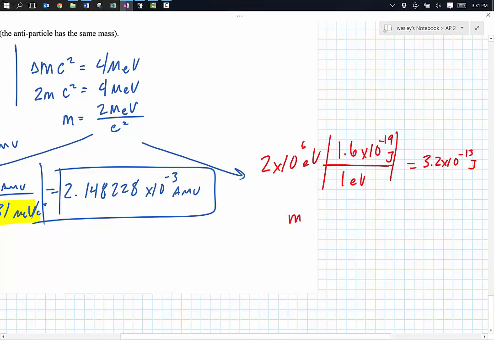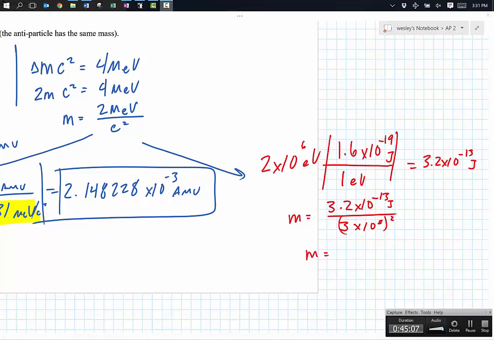If I want the mass from that, this is going to be my mass in kilograms now, because we're in joules. It's going to be energy, 3.2 times 10 to the negative 13th joules, divided by c squared, 3 times 10 to the 8th meters per second, squared. And it gives me my mass in kilograms.